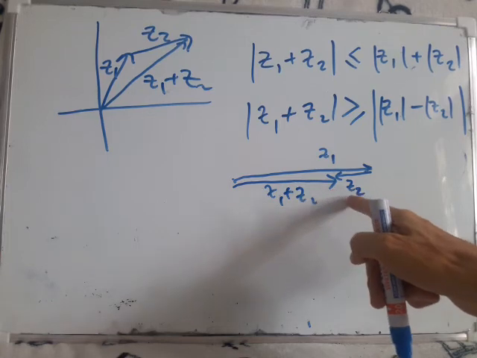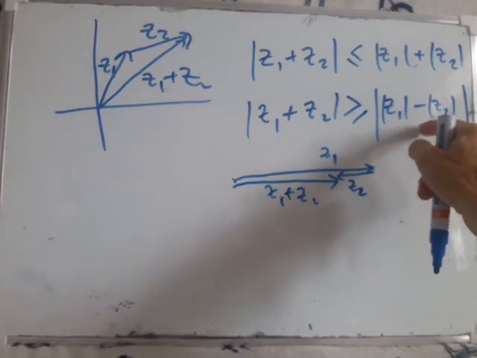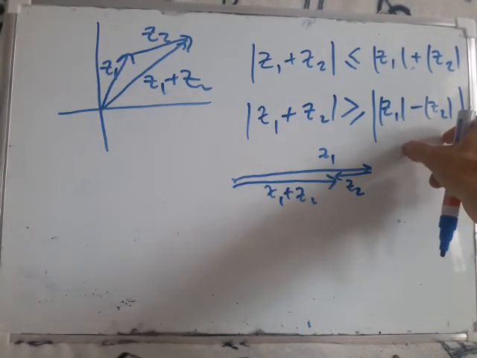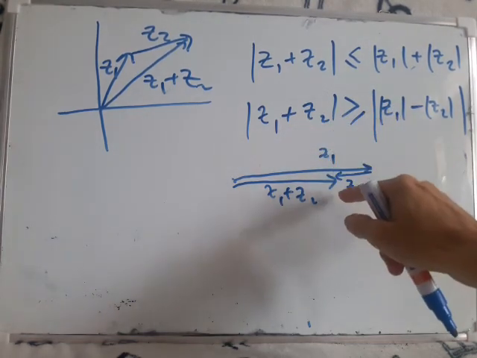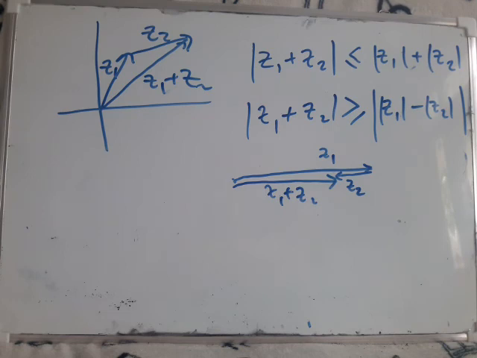If z2 was not long enough, then it would violate this inequality. It would mean that the difference of z1 and z2 would be larger than this, which obviously is impossible. Okay, so we also have this inequality.